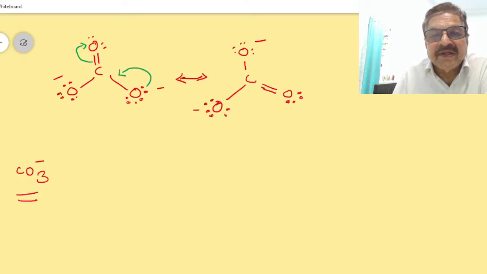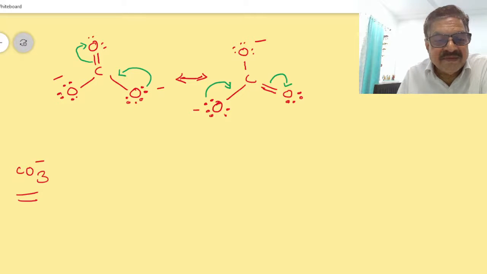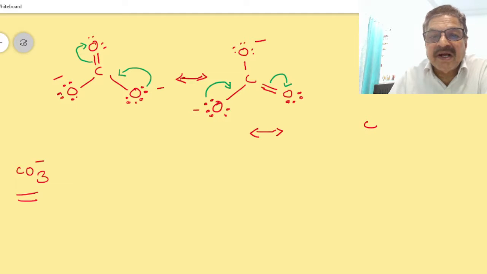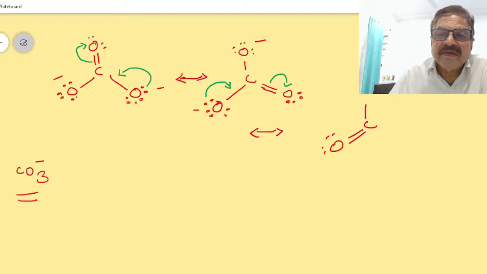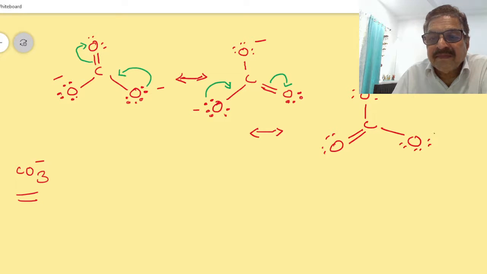The next movement of electrons: this can go like this, and this will go like this. Therefore, what will be the nature of the structure? In the third structure, the carbon double bond will come here. This remains the same, minus. Here also the same thing. This is the carbonate anion here.